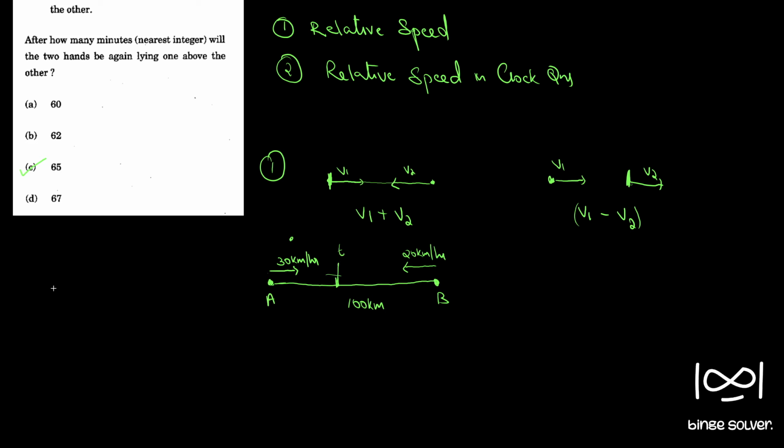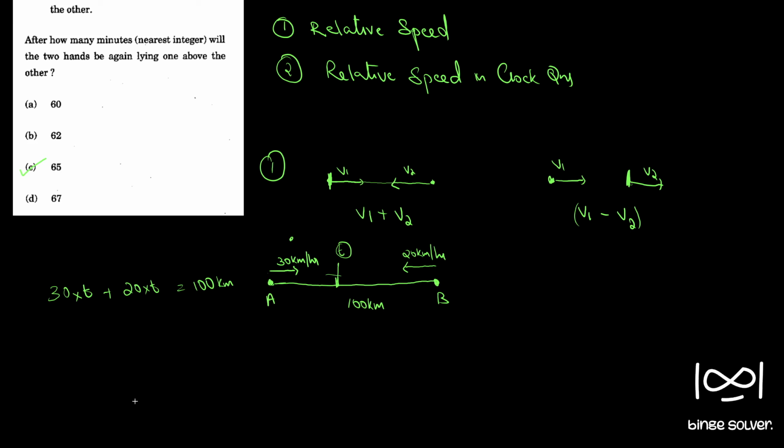A traveled 30 into t, and B traveled 20 into t. If we add these two, we get 100 kilometers: 30 into t plus 20 into t equals 100. We solve for t and find t. That is the usual method we use.